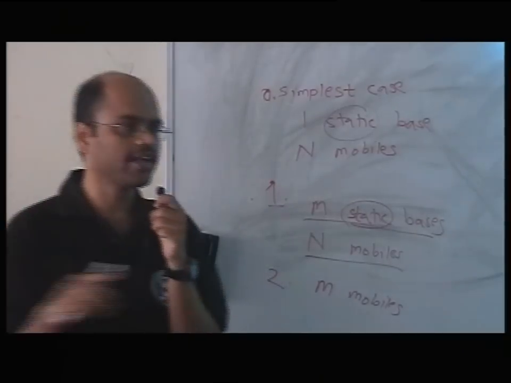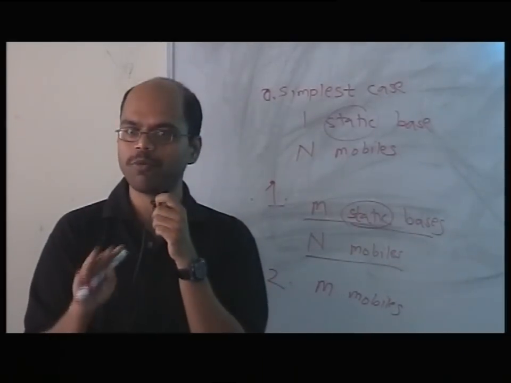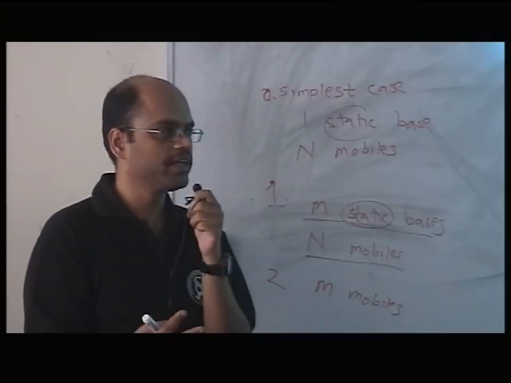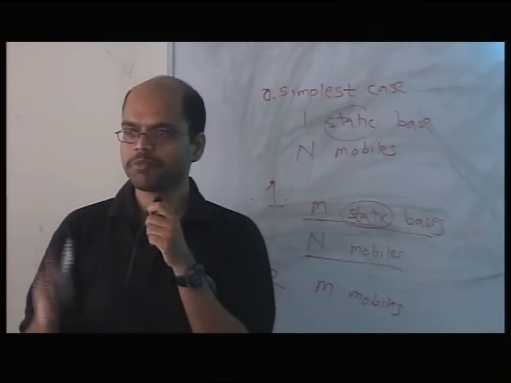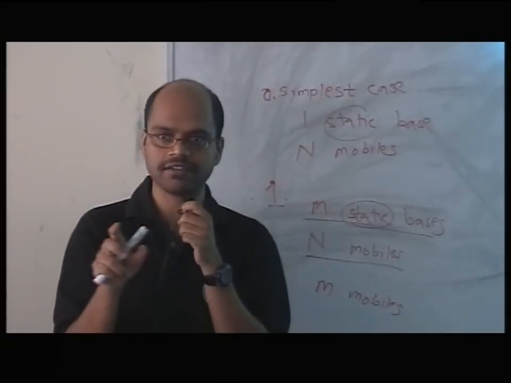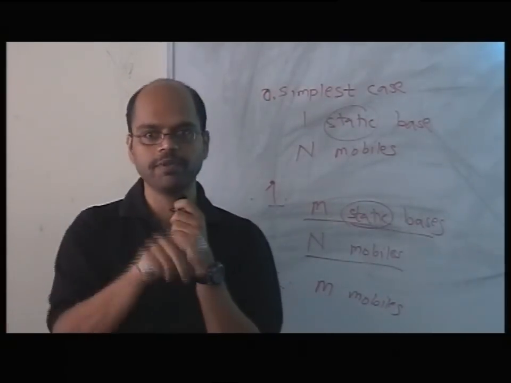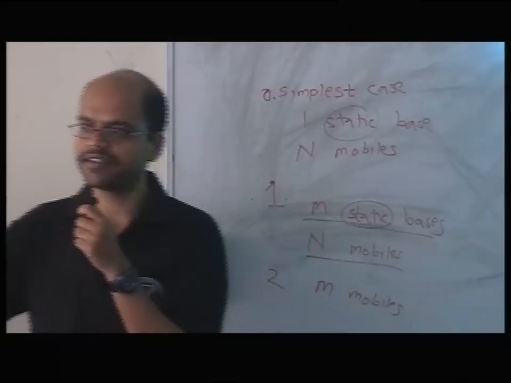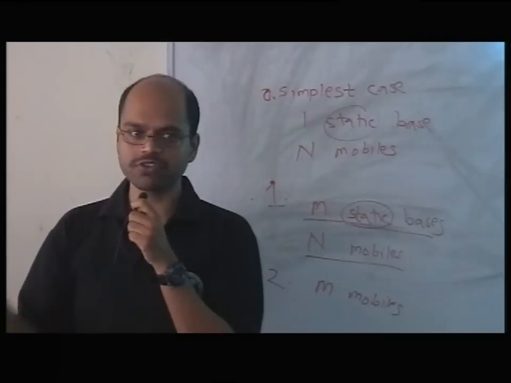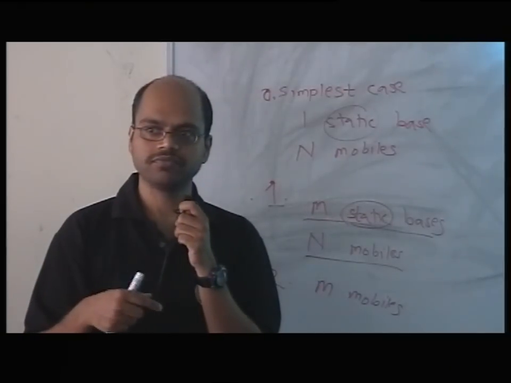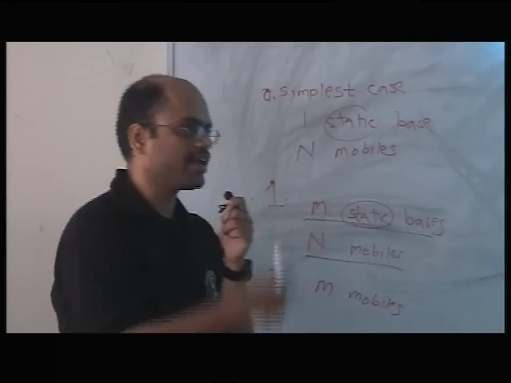And in this protocol, everybody is static, so there is no mobility. If you introduce mobility now, what's going to happen is your IP address will change, because IP addresses are geographically assigned. An IP address in Delhi would be different from an IP address in Calcutta. So now you move from Delhi to Calcutta, your IP will change, but you still want all your packets to come. So that's where you need mobile IP.